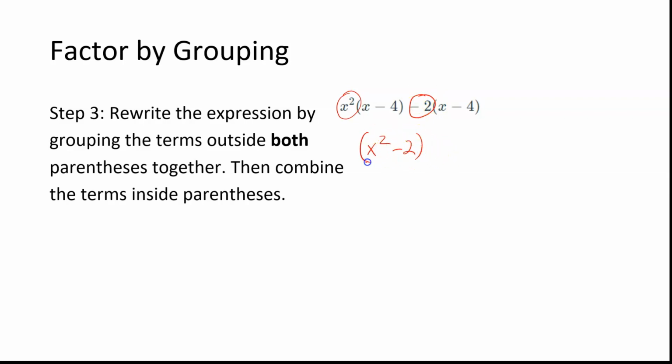And this is going to get its own set of parentheses. And these 2 terms that are the same, they are going to combine right here, right behind it, as x minus 4. So whatever is in these parentheses gets written behind it as just one set, x minus 4. And now it's factored. I have 2 factors here.